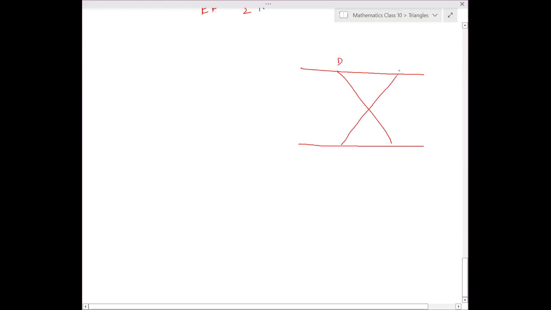DC and AB. So this angle is 70 degree and this angle is 125 degree. Triangle ODC is similar to triangle OBA. Also angle BOC is 125 degree. Angle CDO is equal to 70 degree.